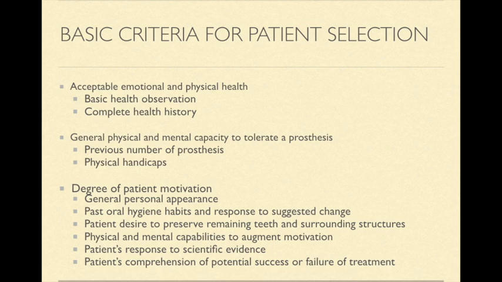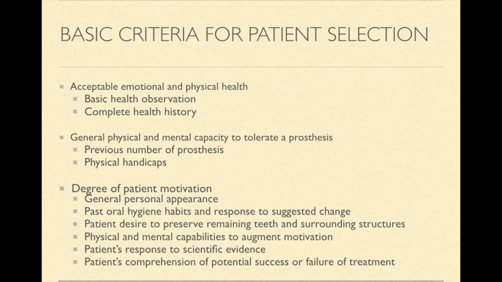You have to check the basic health observations to get the complete health history. Also, patients have to have the general physical and mental capacity to tolerate a prosthesis. If patients have a previous prosthesis and don't like it, you have to find out what's going on and try to see if you can improve that.